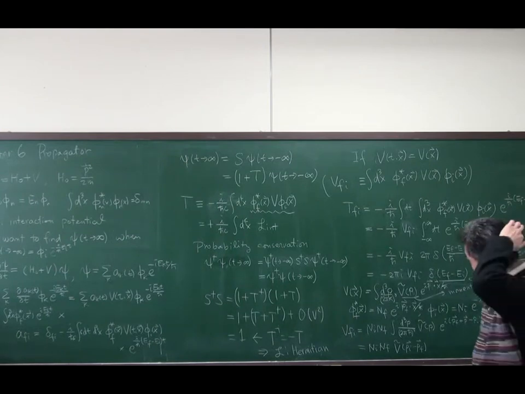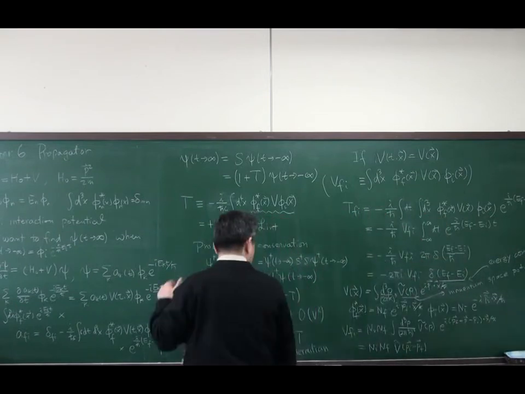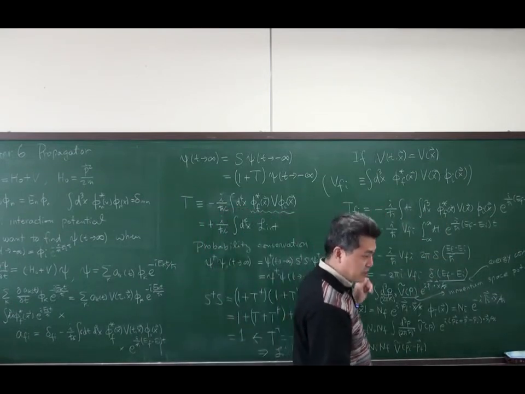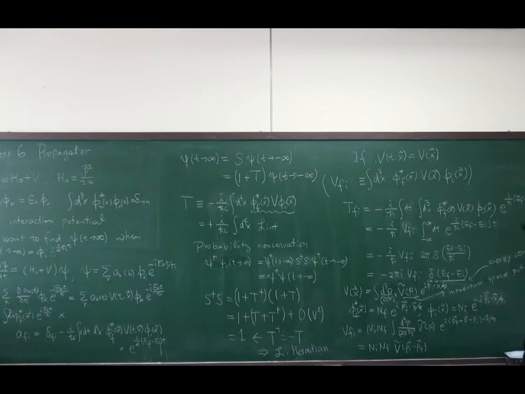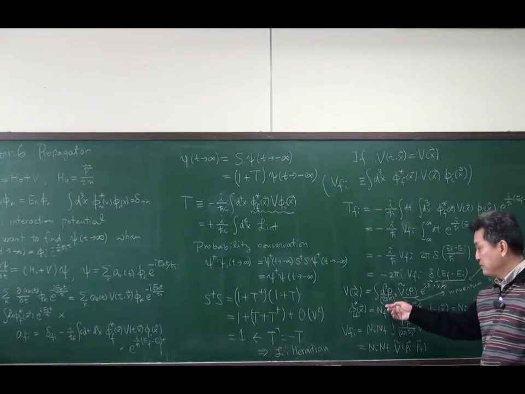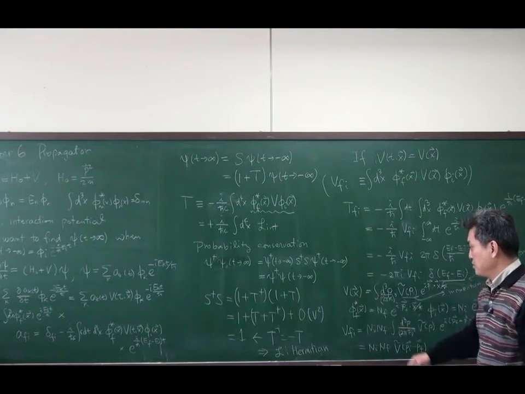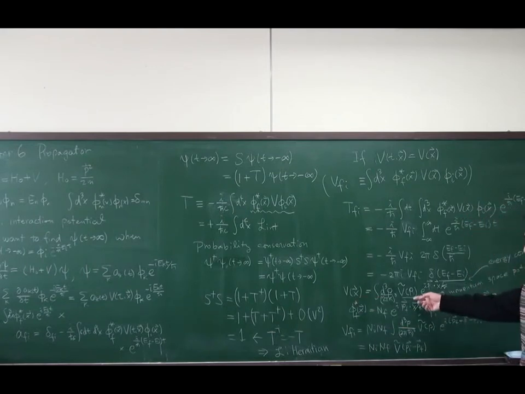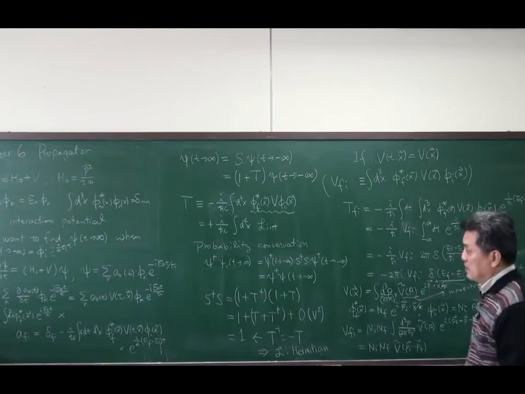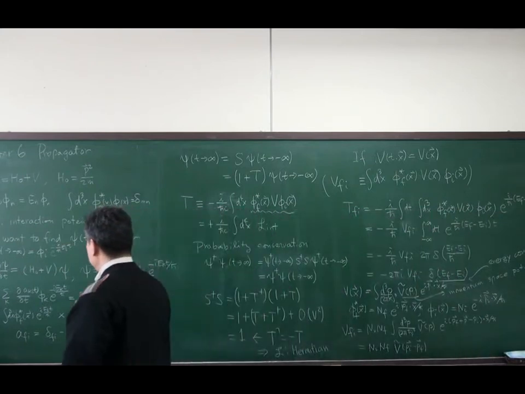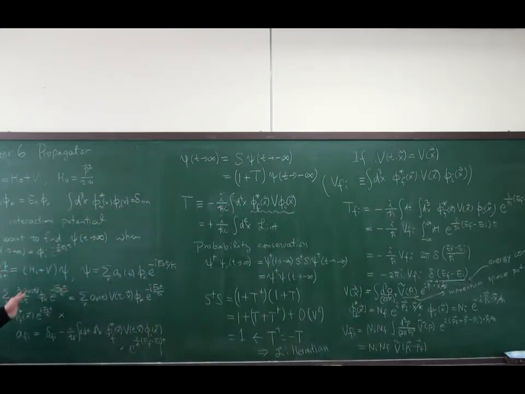One more step we can think about: the potential V can be interpreted in terms of a momentum space potential. This is just a Fourier transformation to momentum space. The reason we introduced the momentum space potential is that the initial state and final state are momentum space wave functions, right?